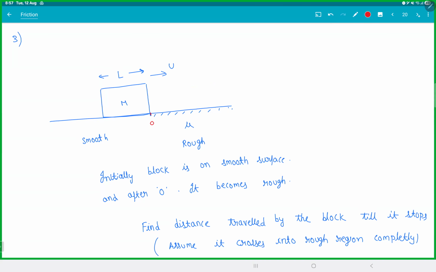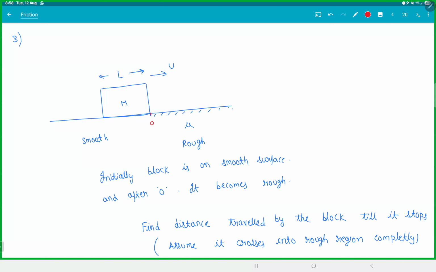So this distance I want. Let's see how you will handle this. As the block is entering, some part is on the rough surface, some part is on the smooth surface. Something gets messed up. Think, I'll give 2-3 minutes. It's a good one. How will you approach this? If it is completely on the smooth, or completely in the rough, that is fine. We know how to do that.